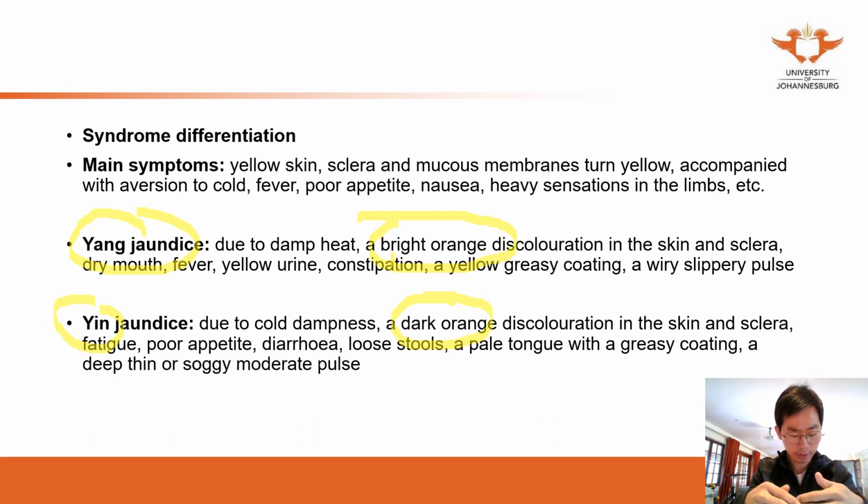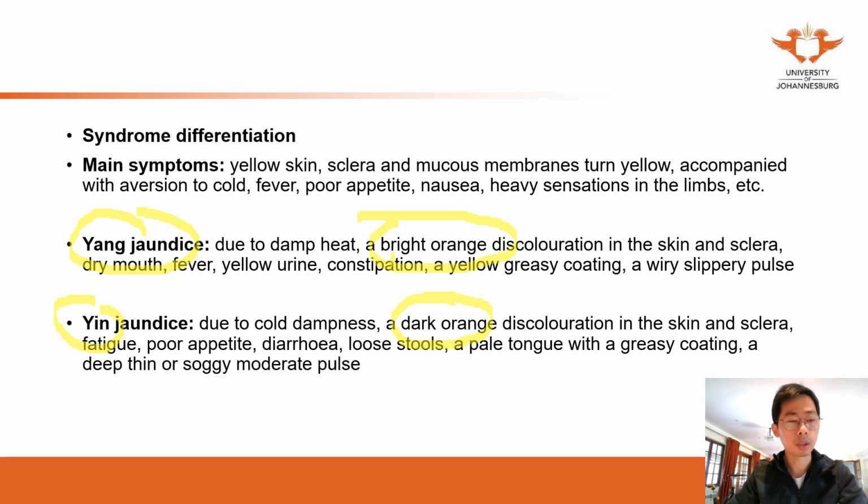In yin jaundice, the patient will have a dark or gray facial complexion, accompanied with fatigue, poor appetite, and a pale tongue, with a longer duration of the course of disease. So that's the main difference between yang jaundice and yin jaundice.